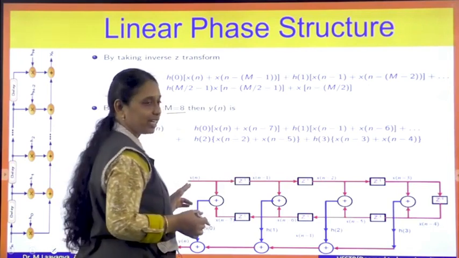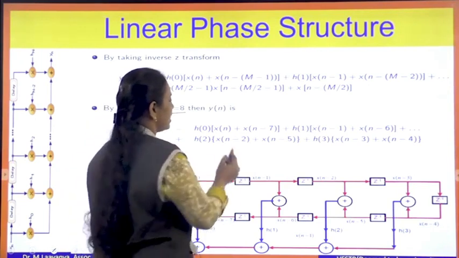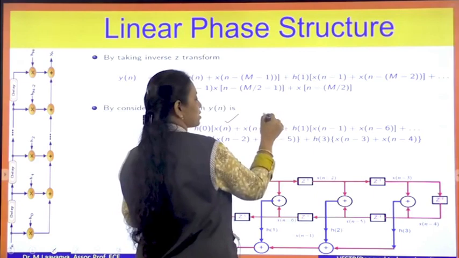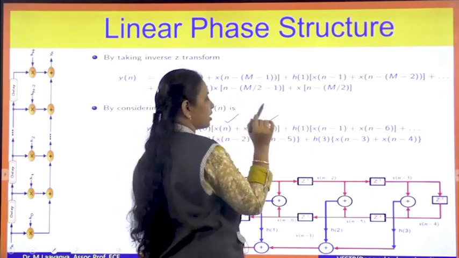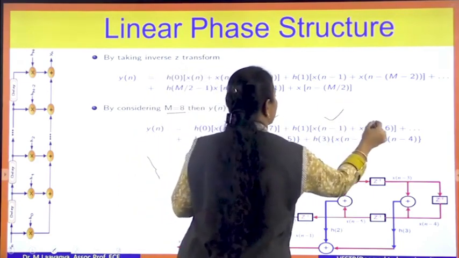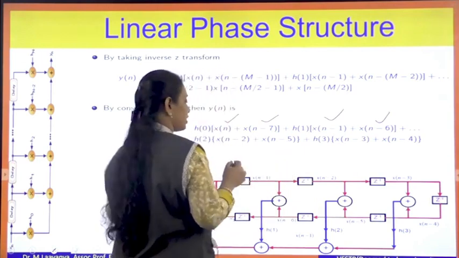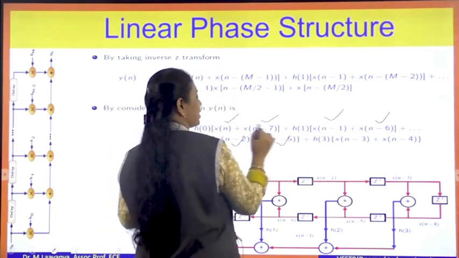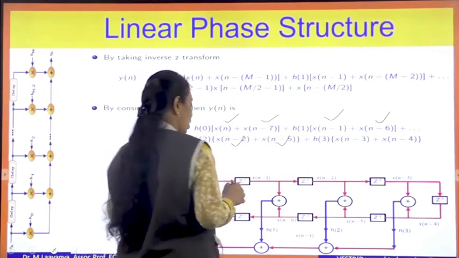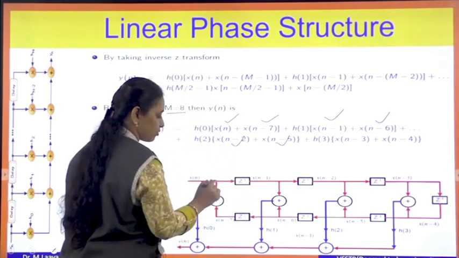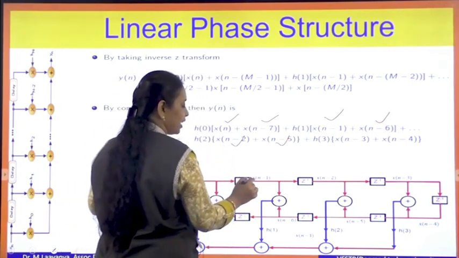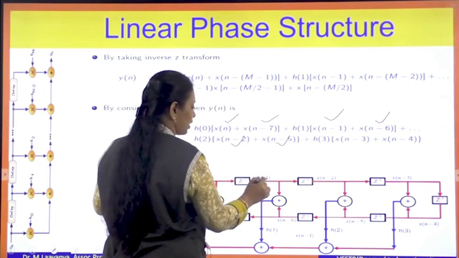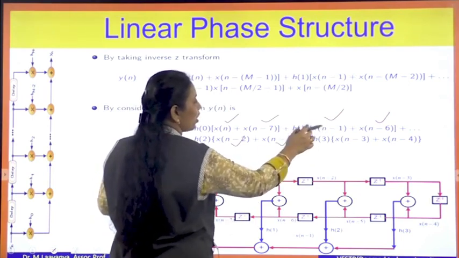Now I have to delay it. How many delays are there? See, x of n and x of n minus 7 are combined. X of n minus 1 and x of n minus 6 are combined. X of n minus 2 and x of n minus 5 are combined. Now I have taken x of n here, and if I delay it, I will get x of n minus 1. But to x of n minus 1, what do I have to add?